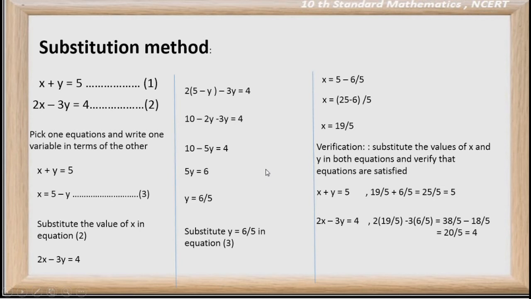The second equation. What is the second equation? 2x minus 3y equal to 4. This is the second equation. So we can substitute the values of x and y.